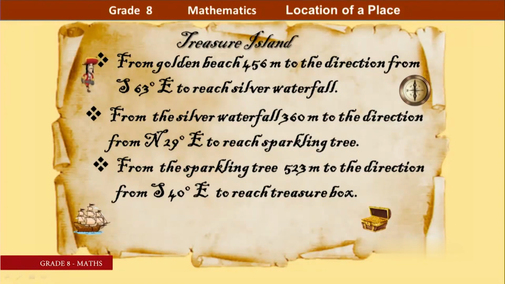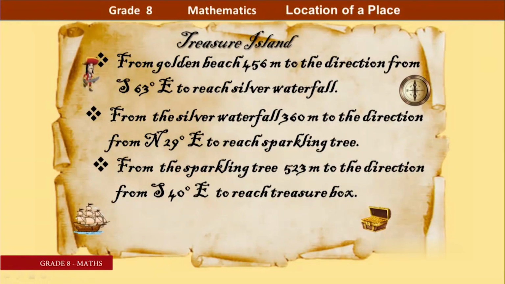Shall we see one by one the steps that you should follow to reach the treasure box? The first thing, from the Golden Beach, 456 meters to the direction from south to east, what is the angle? That is 63 degrees, to reach the Silver Waterfall.